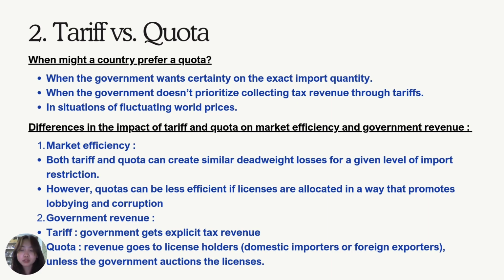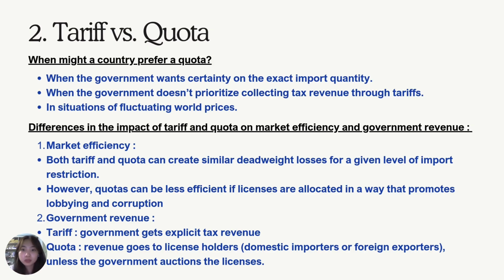So when might a country prefer to impose a quota over a tariff? A country might choose a quota when it cares more about fixing the quantity of imports rather than collecting tax revenue.